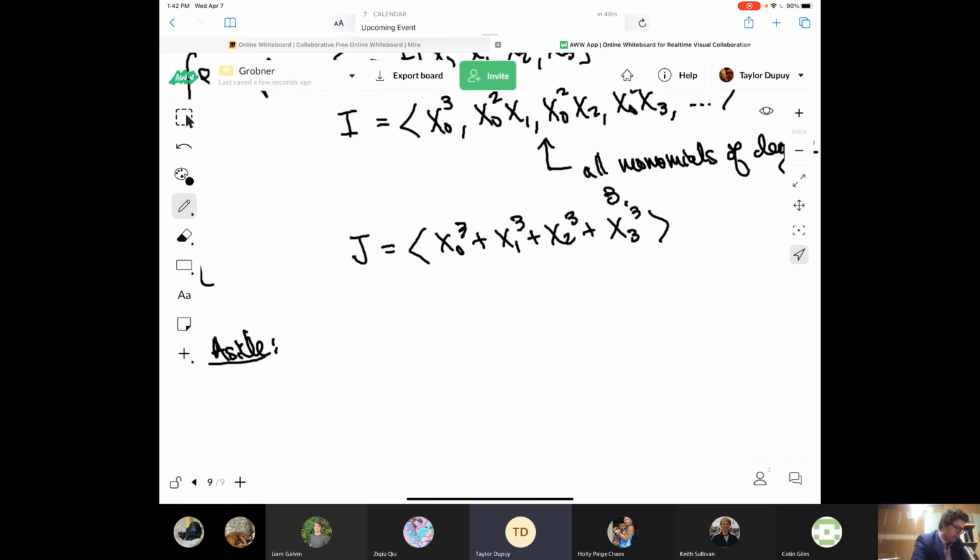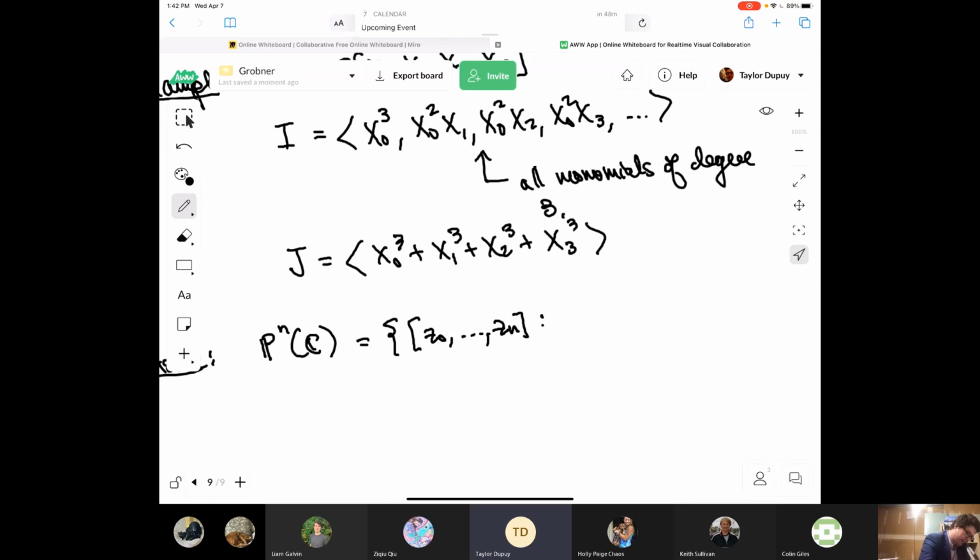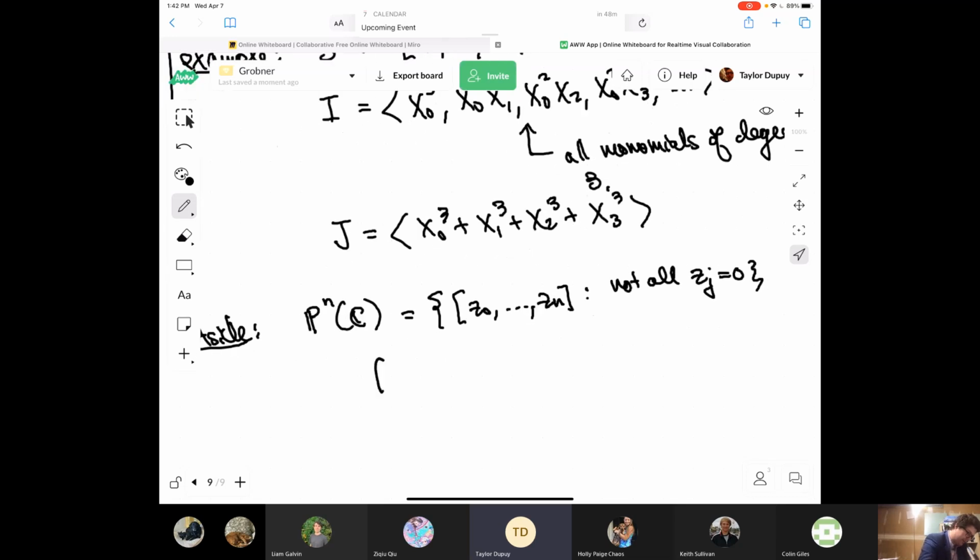But one of the big points is that if you look at projective space, as we recall, these were tuples Z0 through Zn, where not all Zj are equal to 0, and these were equal to lambda Z0 through lambda Zn.